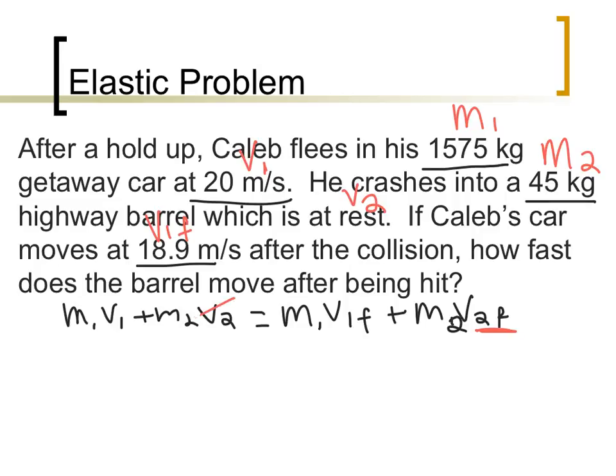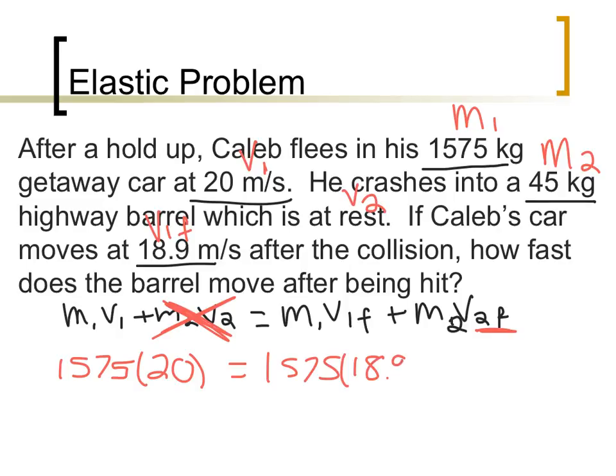So if we come down to our equation, we don't have to worry about this side. It's at rest. Let's plug in our numbers. M1, which is 1575, times my velocity equals M1 again, and then the car's new velocity, plus we have our M2 for the second car, and then V2F.